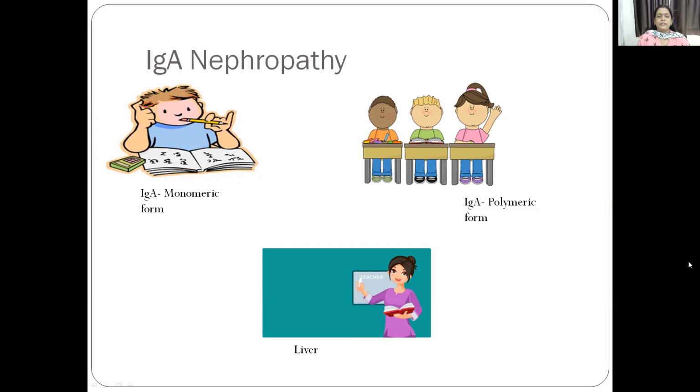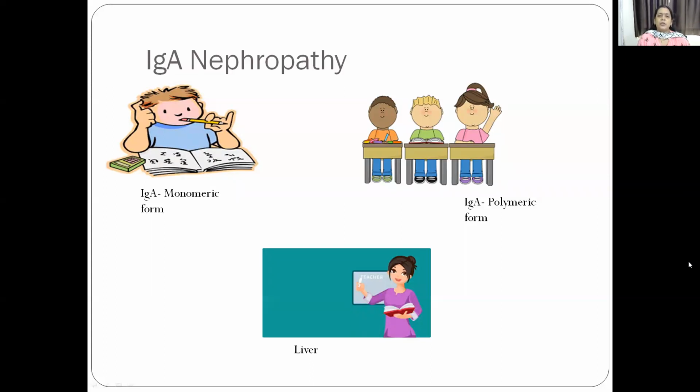Now coming to the pathogenesis, immunoglobulin A is usually present in the respiratory and gastrointestinal secretions. So the patient coming to you may give a prior history of infection involving the respiratory or gastrointestinal tract, right?